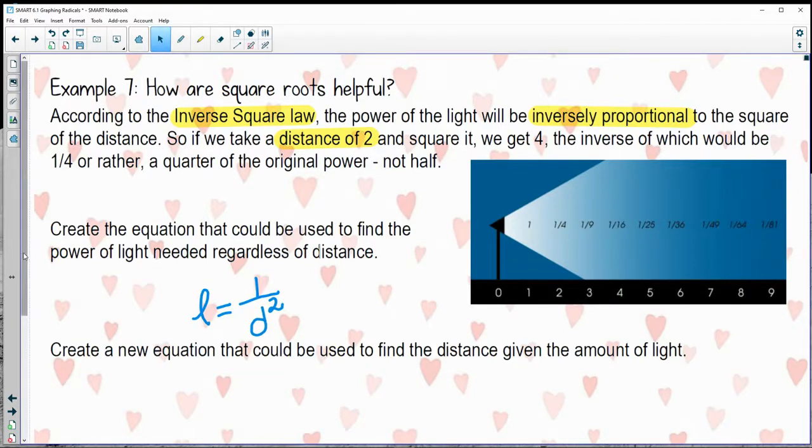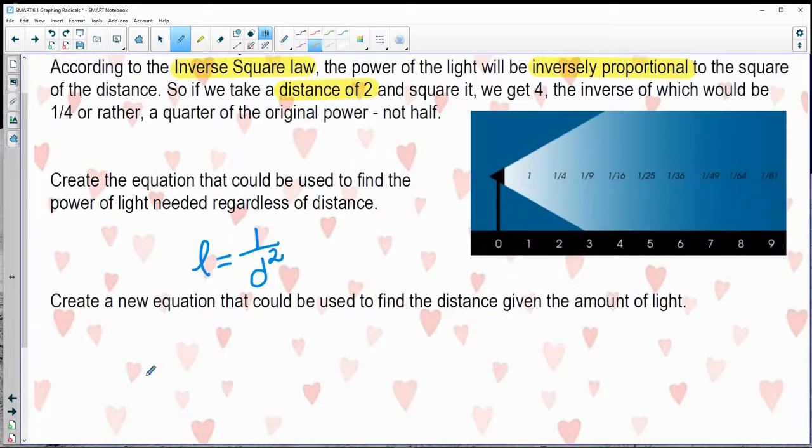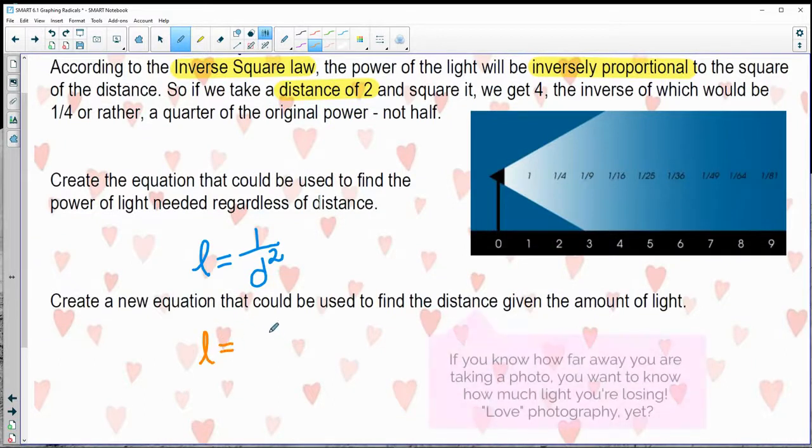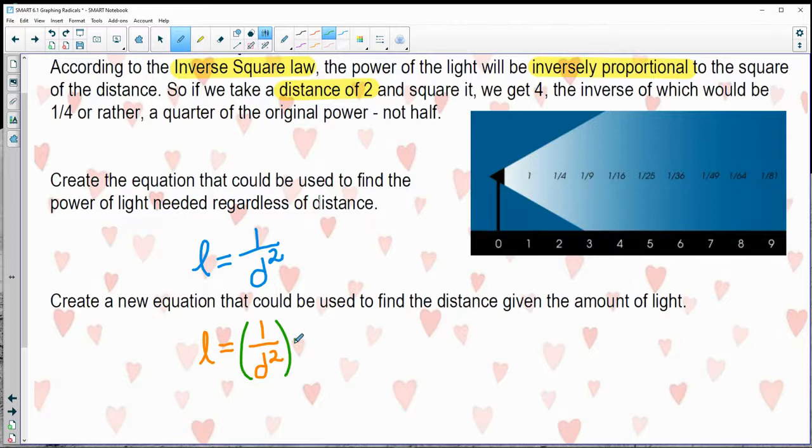So here's where square roots are actually helpful. So now we're actually going to try to solve what we just did up here for the distance. So I'm just going to do a little bit of working backwards. So I'm going to go ahead and multiply both sides. So I'm going to have d squared times light is equal to a 1.